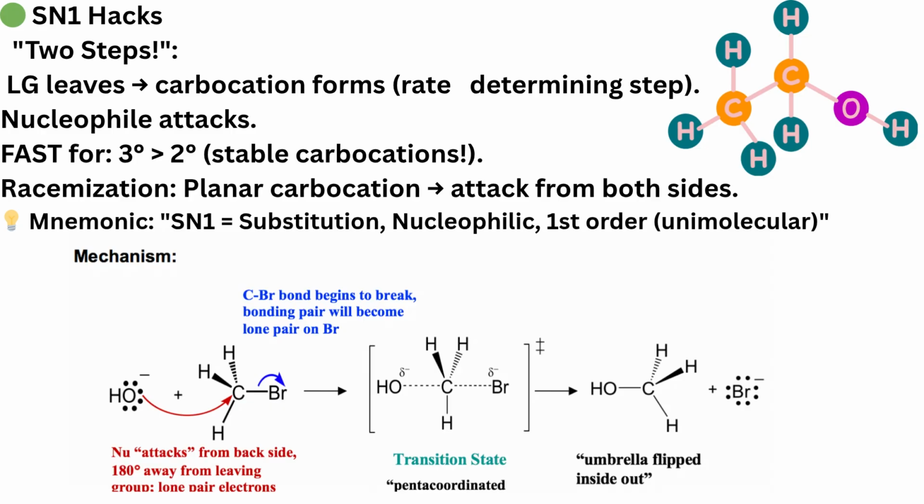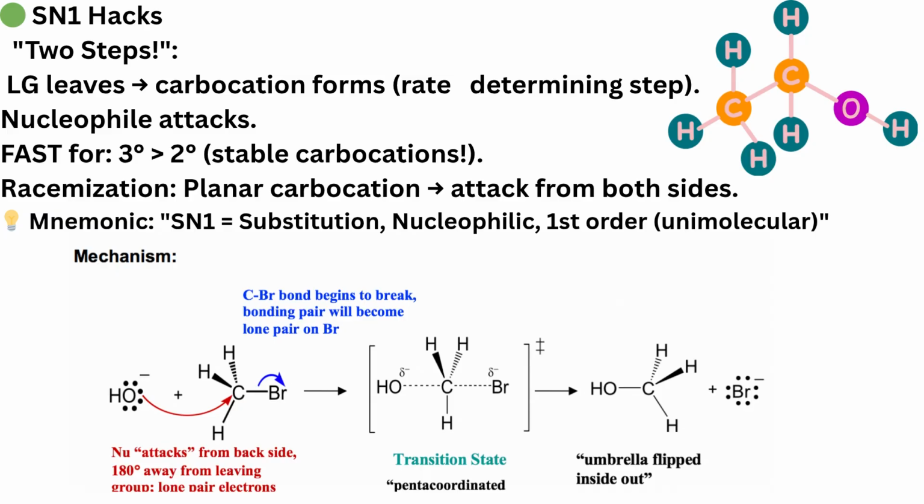For SN1, it is a two-step mechanism. That is, the leaving group leaves and the carbocation forms, which will be the rate determining step. Then the nucleophile attacks, and the rate determining step will be the slowest step.